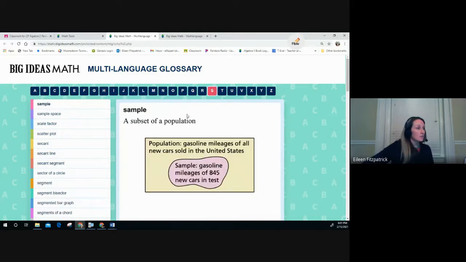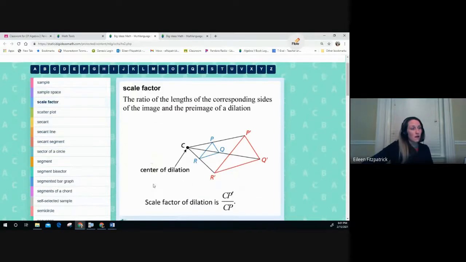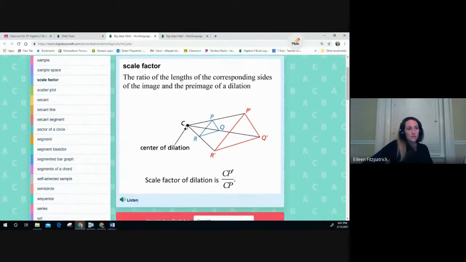Scale factor. So a scale factor is the ratio of the lengths of the corresponding sides of the image and the pre-image of a dilation. Okay, so you can see here you have your center of dilation, your blue triangle is your original, the red is the new. You can see that the dilation is an expansion.